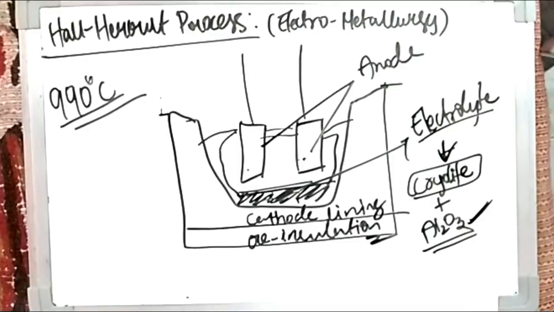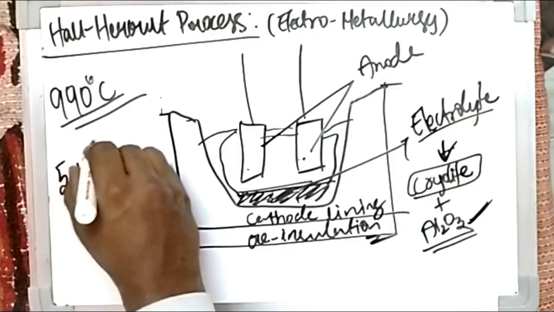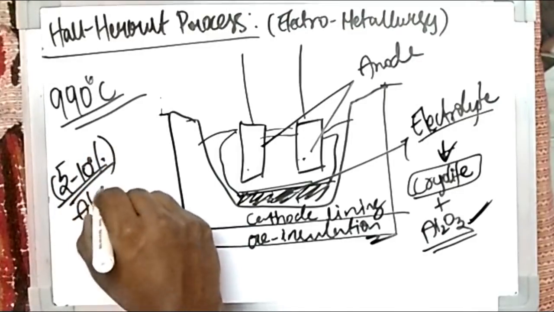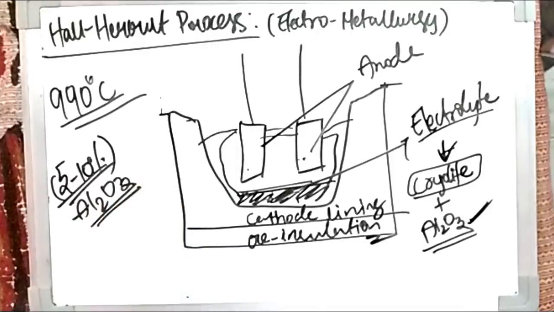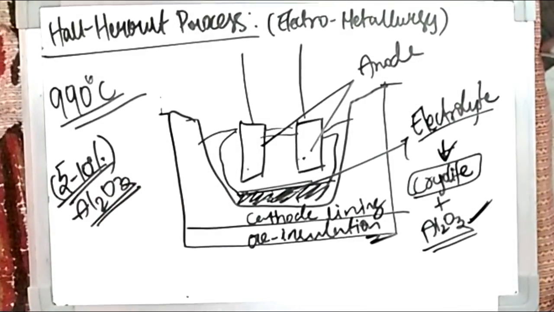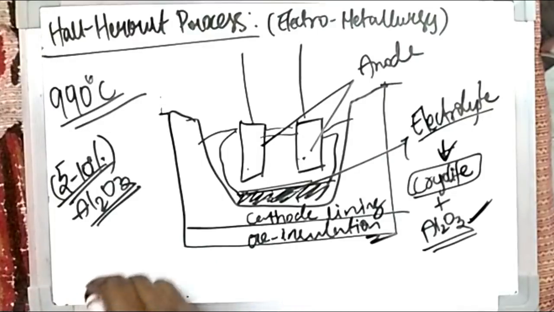Now the most important part that is to be remembered is 5 to 10% Al2O3 must only be utilized. It should not be less than 5. If it is less than 2 or 5, what happens? Then there will be no normal contact between the electrode and the electrolyte, and there will be a gas film produced between them. And this production of gas film is known as anode effect.